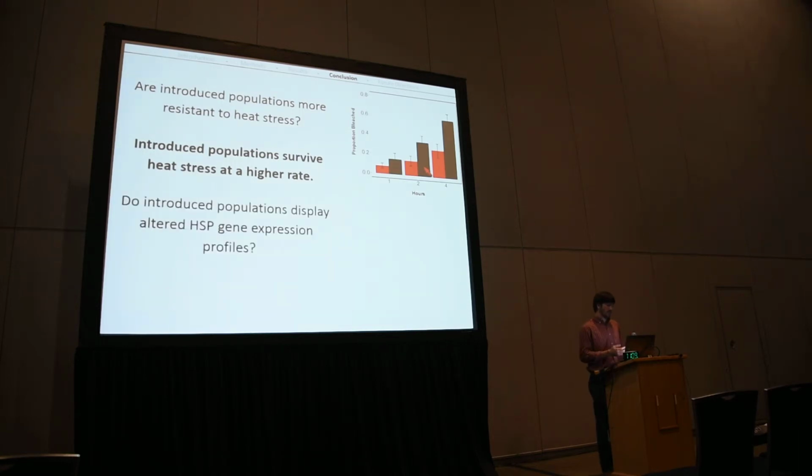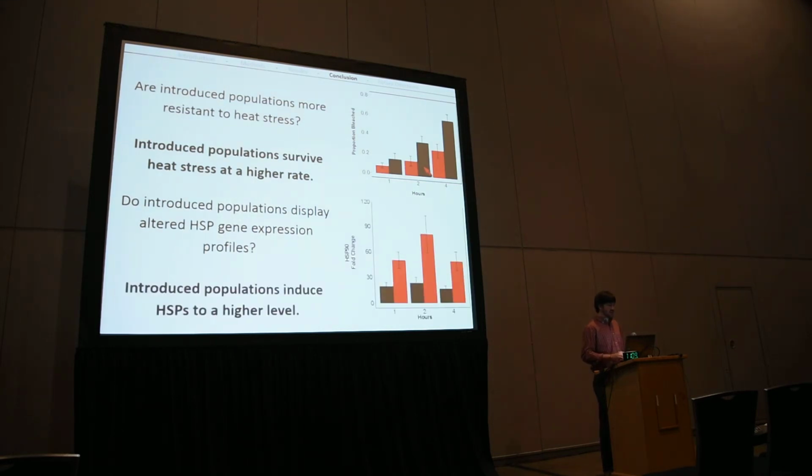Additionally, my question posed, do introduced populations display altered HSP gene expression profiles? Again, the introduced populations were able to induce HSP70 and HSP90 to higher levels when compared to the native populations. Again, maintained through the common garden, indicating a genetic basis for that difference.